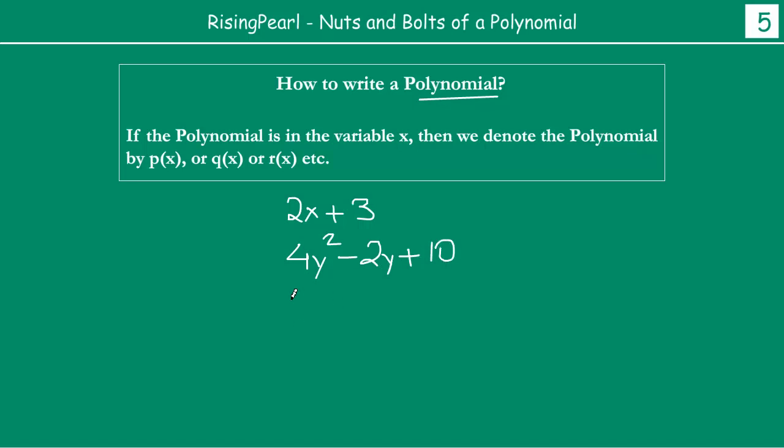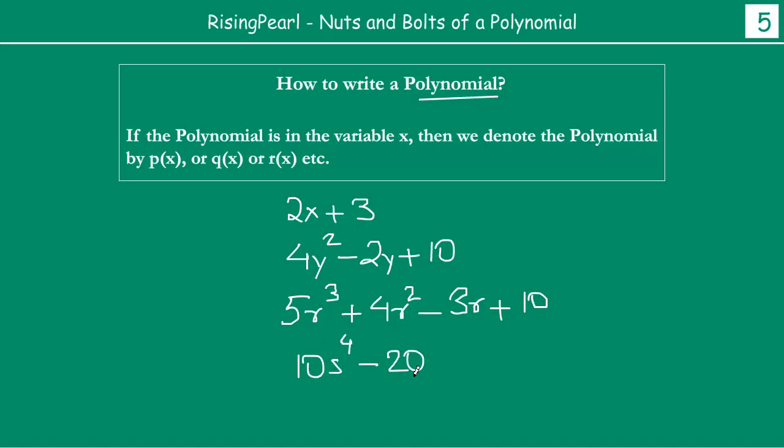Then मान लीजिए we write something like 5r cube plus 4r square minus 3r plus 10. And then let's finish up by saying something like 10s to the power 4 minus 20.